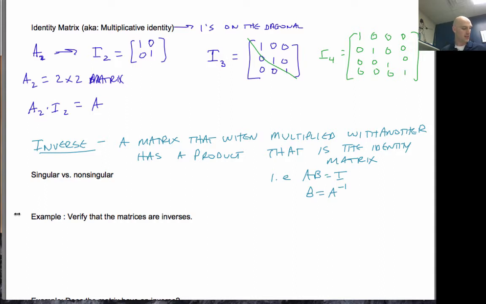So if a square matrix, where M equals N, meaning 3 by 3, 4 by 4, has an inverse, so you can find something such that when you multiply them together, you get the identity, it's non-singular.